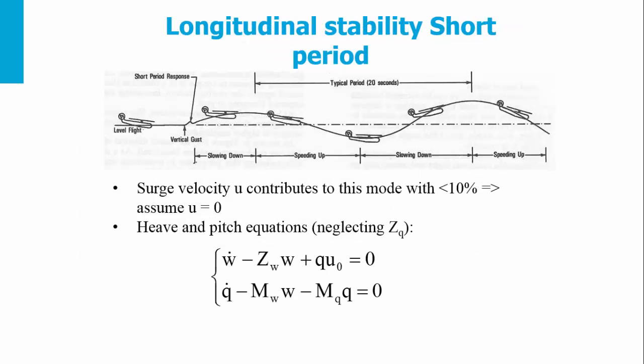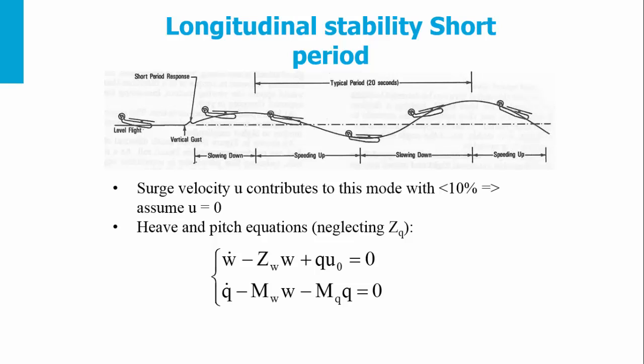Then another mode which characterizes the longitudinal stability of a helicopter is the short period. If you are in a level flight and there is a vertical gust, the first response will be the short period mode, and it will be a slowing down of this motion. Why?